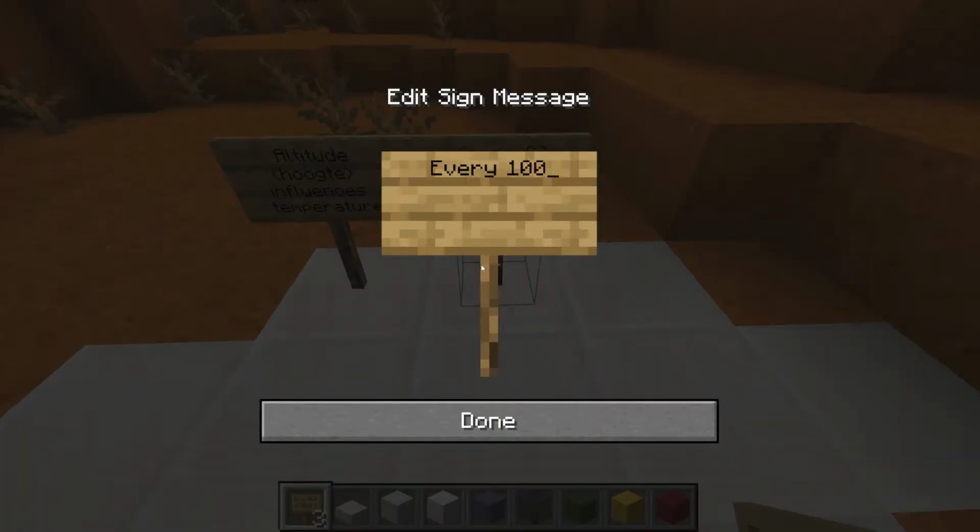Every 100 meters you go up, the temperature goes down by 0.6.